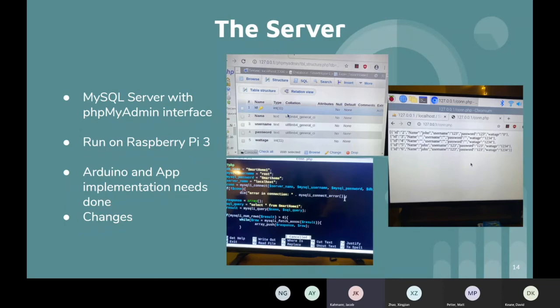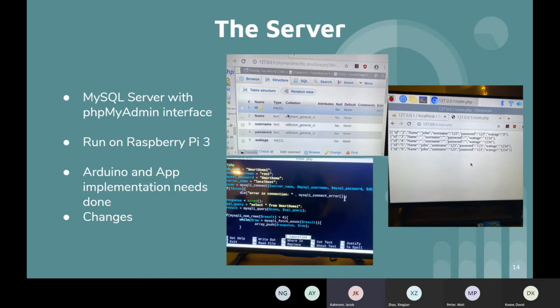So in the slide, you can see the top image on the left side is a screenshot of the phpMyAdmin interface, where you can see different spots for our data. For example, the name of the user, the username, password, and the wattage that is supposed to be received from the Wi-Fi module.